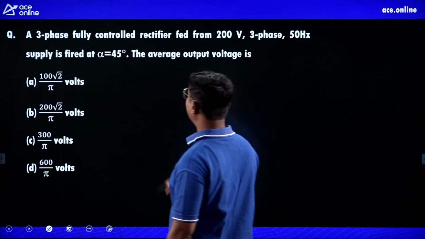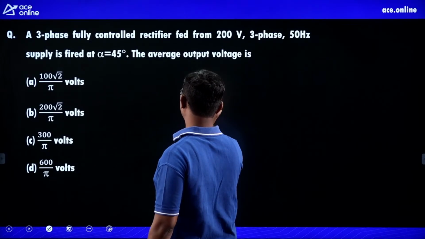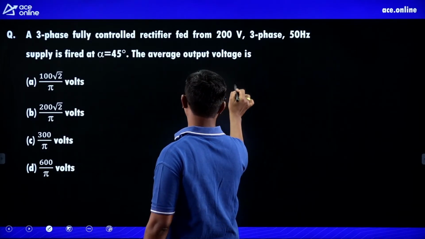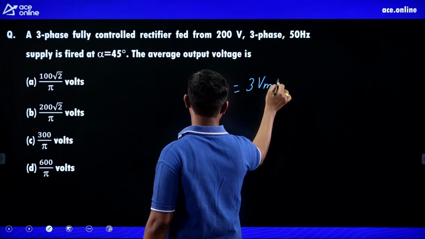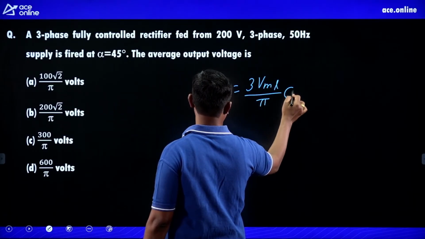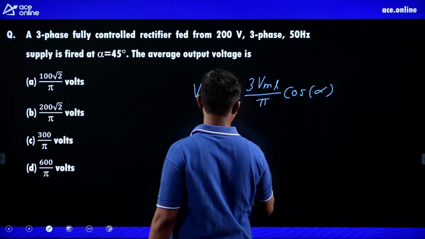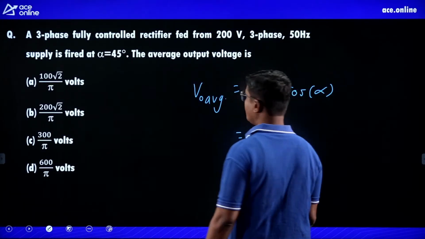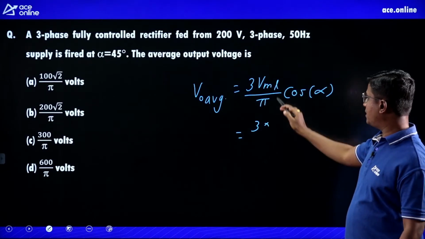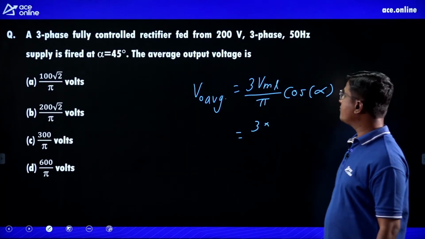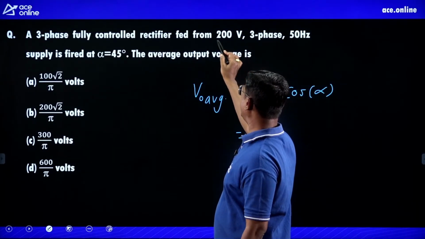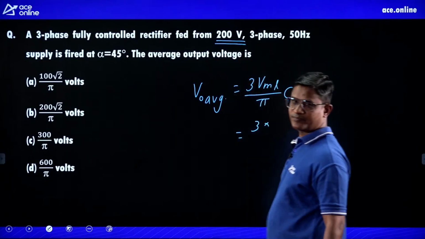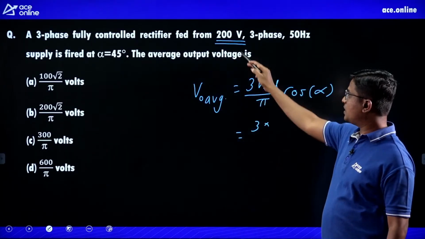For a three-phase full converter, that is three-phase 6 pulse, the average voltage expression is 3 VML upon pi into cos of alpha, where VML is the peak value of line voltage. By default, the given voltage in a three-phase circuit is the RMS value of line voltage.